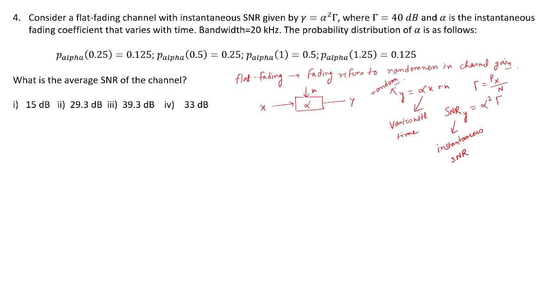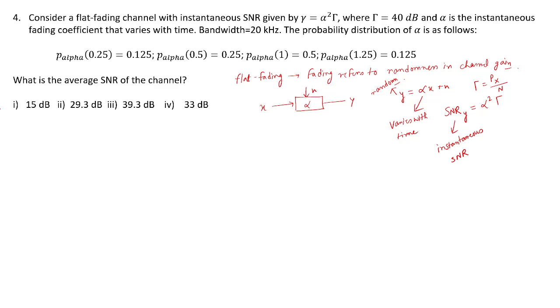It means basically you take SNR across all the time instants, or of course a large enough number of time instants, and you take the average value of them, you get average SNR. But instantaneous SNRs at every time instant keep differing from each other. So with that concept in mind, let us solve the question.